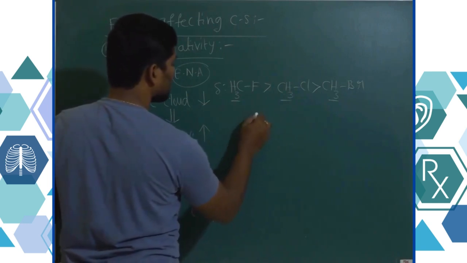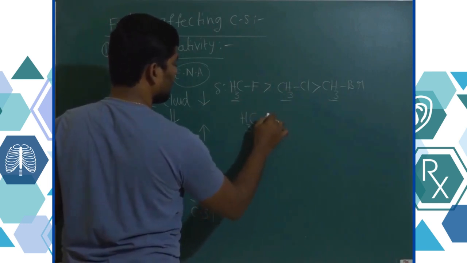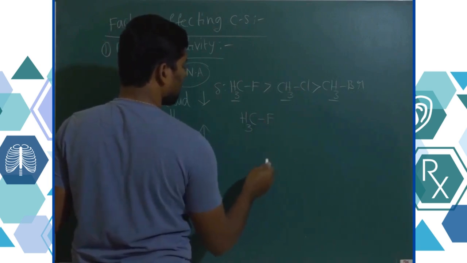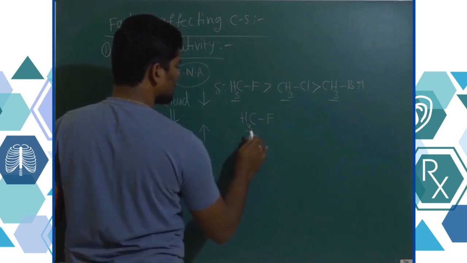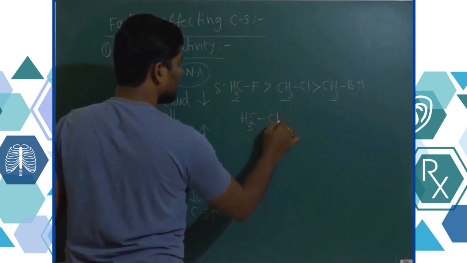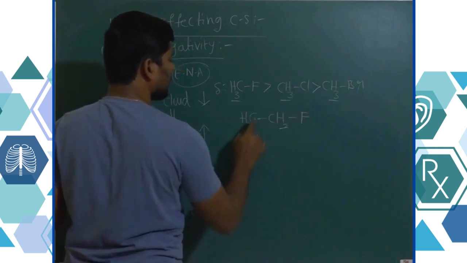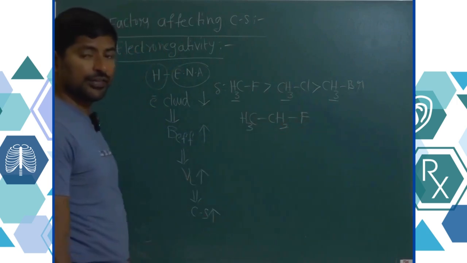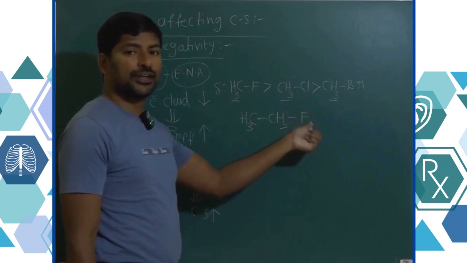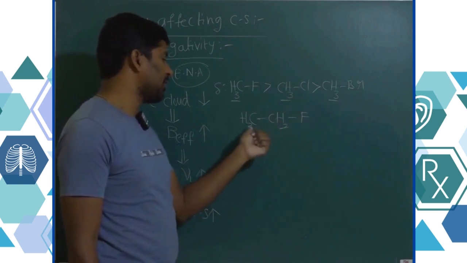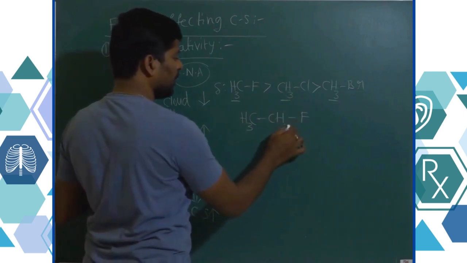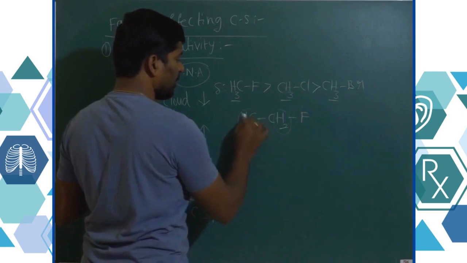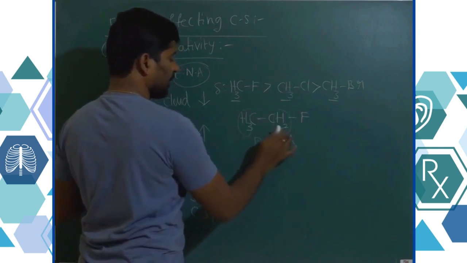Next, take CH3CH2F. As the distance between the proton and the electronegative group increases, its effect decreases. Here we have two types of protons, A and B, with different bonding connectivity.